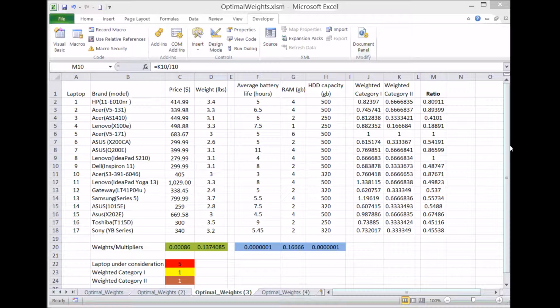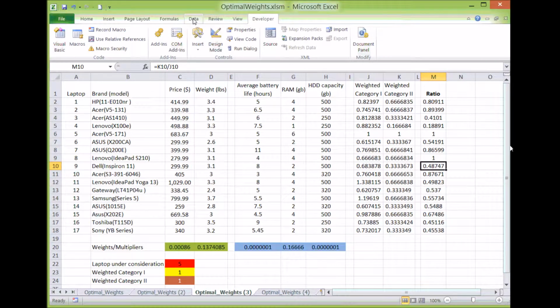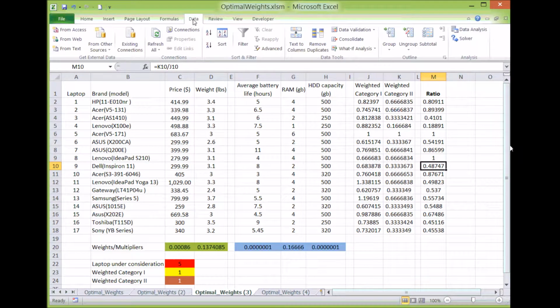However, there are ways you can force the Excel solver to produce positive weights. One such way is that in the solver you can add a constraint saying that all the weights have to be positive. Now, in linear programming, you cannot say something is strictly positive.